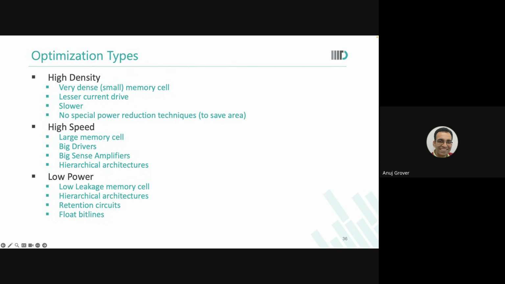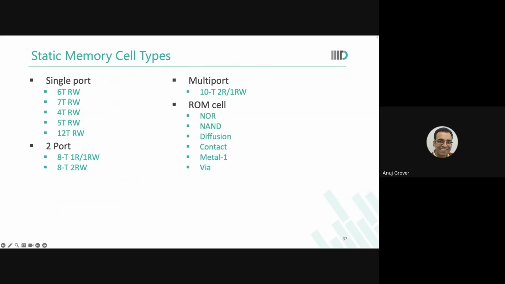Okay. So similarly for low power also. And then we know that there is some 6T cell. We know that for a DRAM there is a 1T, 1C cell. But you just open the IEEE website and look for SRAM cells. You would see everything: 6T, 7T, 4T, 5T, 10T, 12T, 19T.